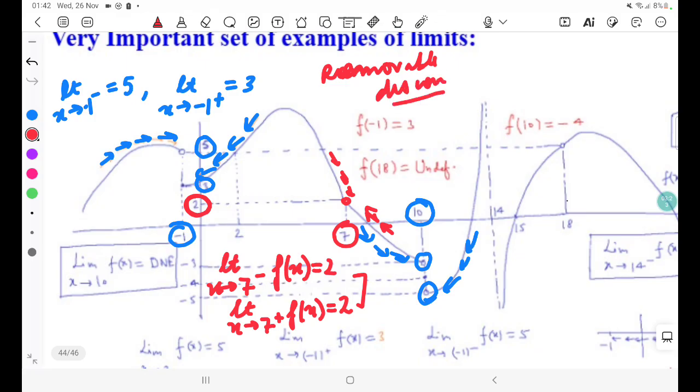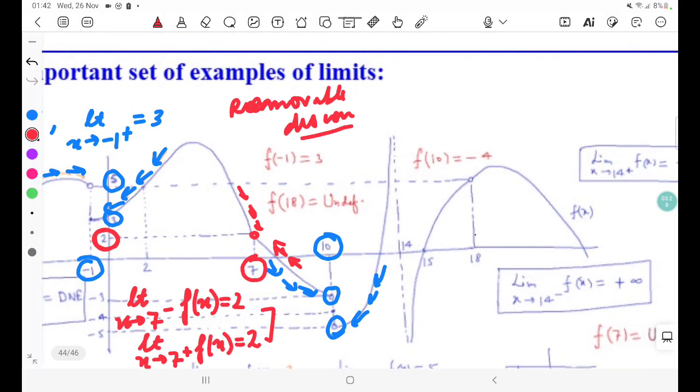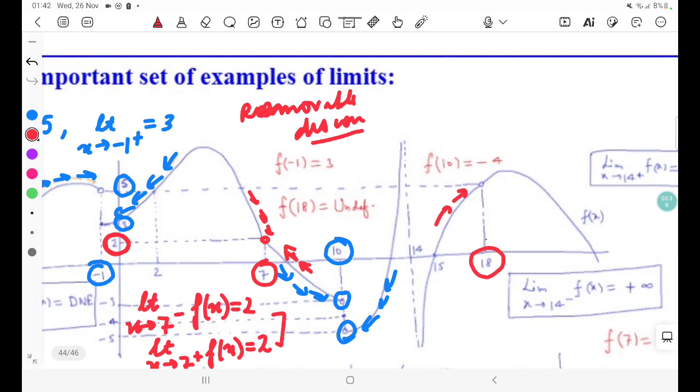Another example of removable discontinuity in this graph is x = 18. Here also, as x approaches 18 from the left hand side, the value of the function becomes 5. That is, the limit as x approaches 18 from the left hand side is 5.